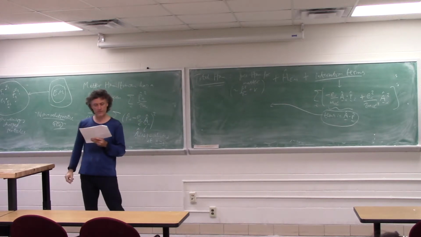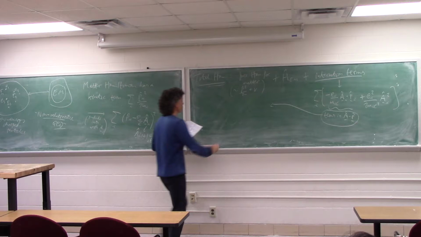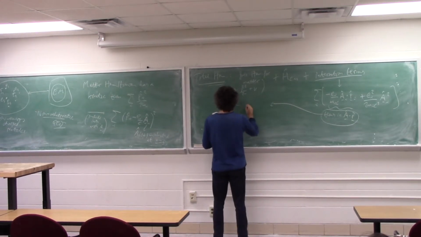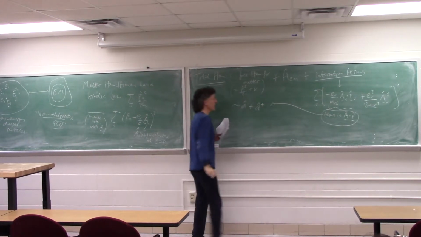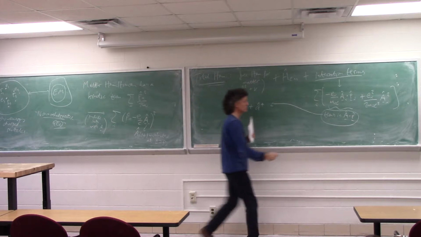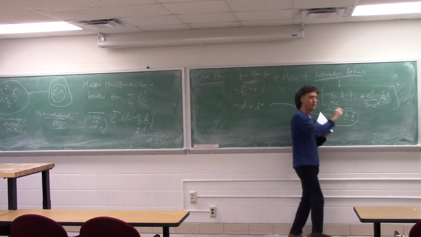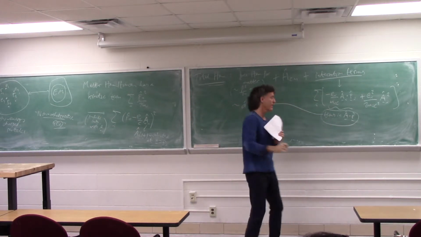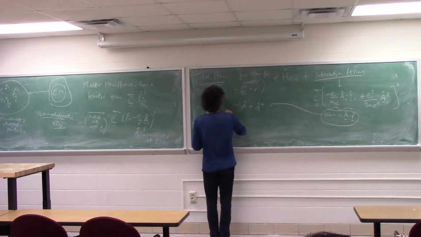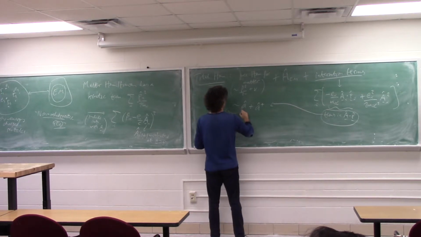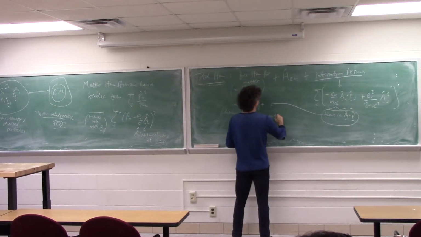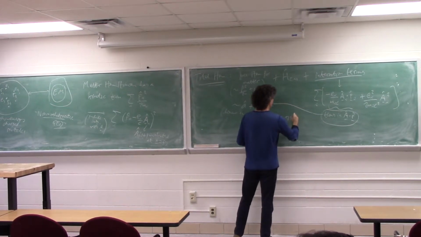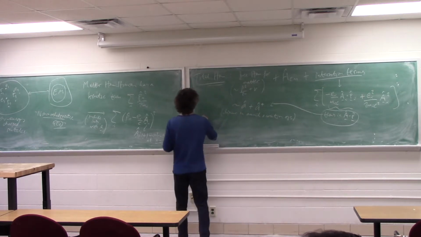Terms in A dot p are schematically linear in annihilation and creation operators. Remember, A has a plane wave expansion in terms of a and a dagger. So it's linear in annihilation and creation operators.